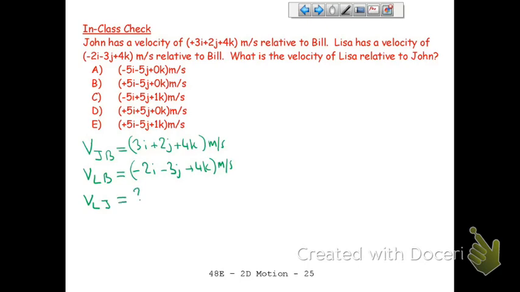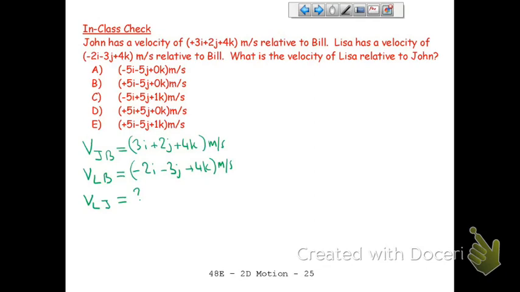Now you've got to get used to putting your letters down in the same order. It's John, Bill, that's JB, and it's Lisa, Bill, that's LB, and they want Lisa, John, that's LJ. You've got to use the same terminology each time. You can't suddenly decide to reverse the order of your letters. I'm not going to try and trick you like that.